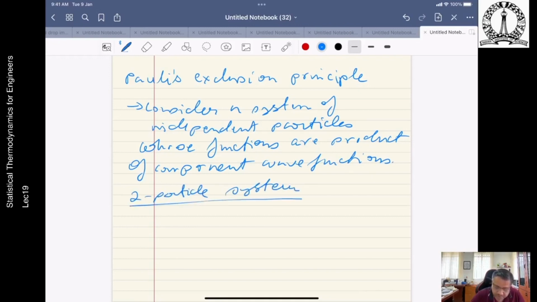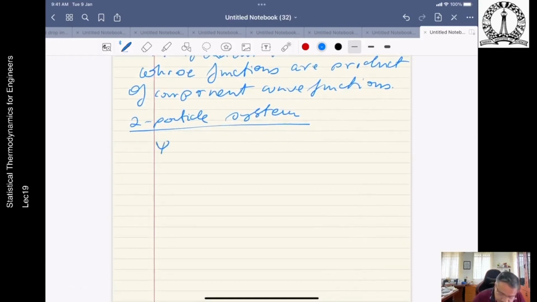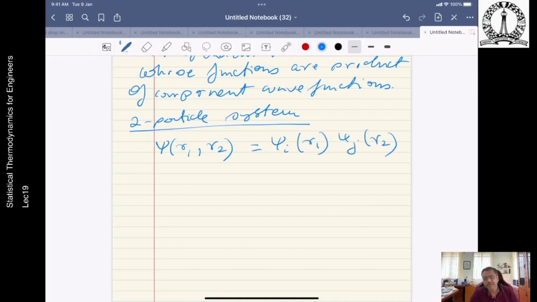In this two-particle system, let's write the total wave function psi(r1, r2) as psi_i(r1) psi_j(r2). It's a product of the two wave functions.